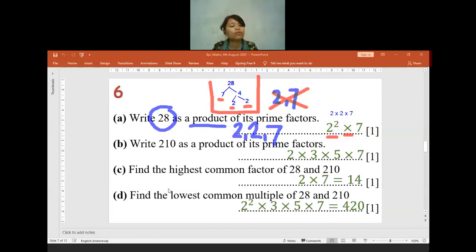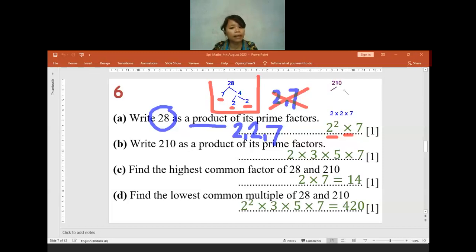Okay, before I move to question 6b, is there anyone who has difficulties at 6a? Is there anyone? No? Okay, if you have no difficulties at 6a, I will continue to 6b. We have 210. Same thing, we have to make a factor tree again.